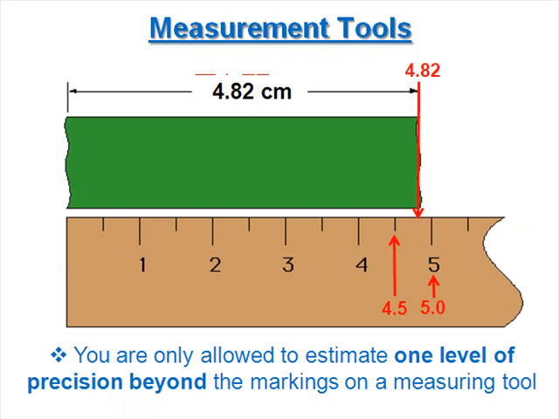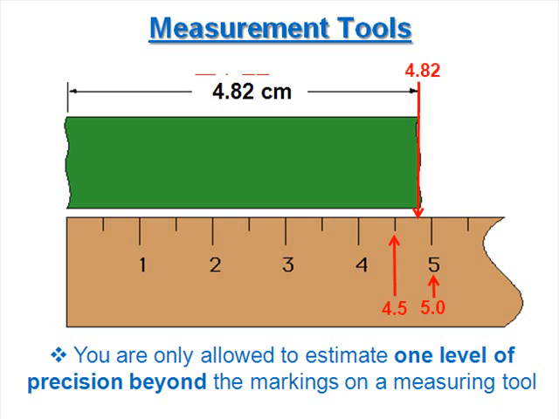Now let's take a look at this here. This is now getting into an interesting concept. The bar that is in green is what we want to measure, and the brown below is the ruler. Now you'll notice that the ruler is set up by increments of 1, 2, 3, 4, but also there's a midpoint indicated, the smaller hash, and that's a 0.5. Now if you want to measure the green bar, we want to measure it one level of precision beyond the marking.